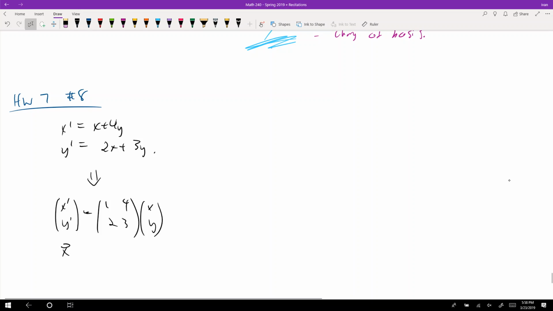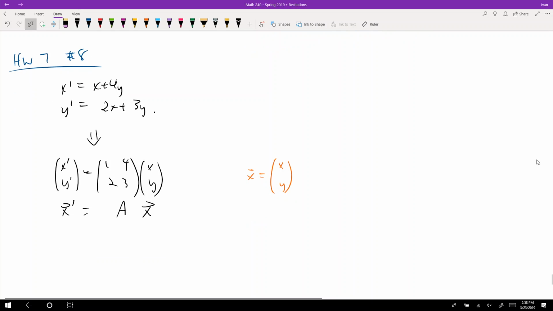This is really the vector x prime is equal to some matrix A times the vector x, where x is equal to the vector x, y. Now the idea is the system isn't really easy to solve.